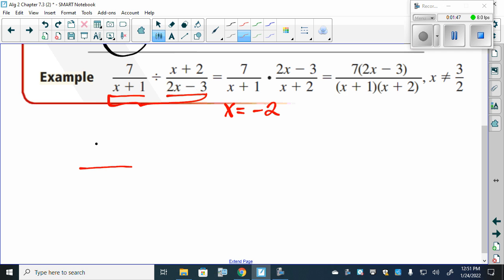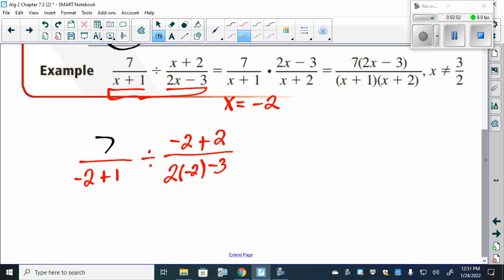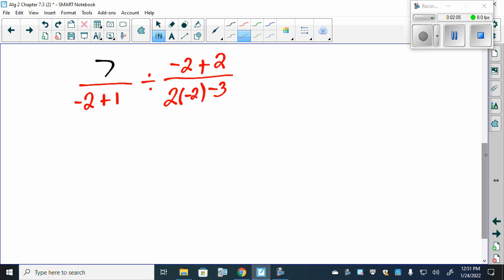If I plug it in, 7 over -2 plus 1, divided by -2 plus 2 over 2 times -2 minus 3, both of the denominators are not going to be 0. For the first one, we'll have 7 over -2 plus 1, which is -1. The other denominator, 2 times -2 is -4, minus 3 is -7. So in neither case is the denominator 0.